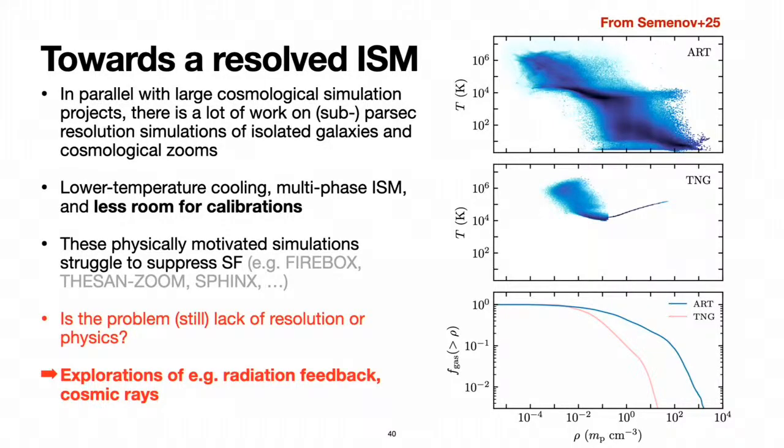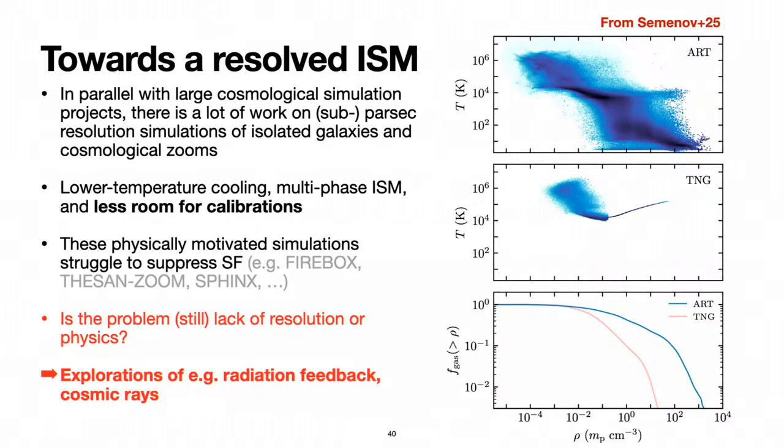And it's not really completely clear how much the problem is still resolution and how much it is a lack of physics. So there are these two things that we think are wrong. I really think it's, to a large degree, still a lack of resolution. So in these simulations, you typically can resolve down to tens of parsecs in physical scales, maybe parsecs in some cases.